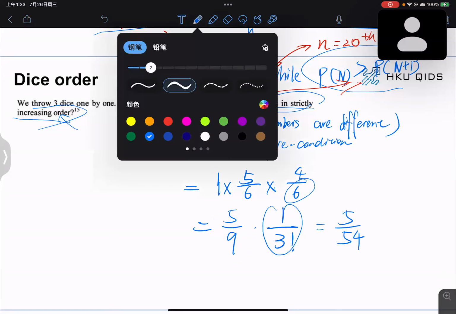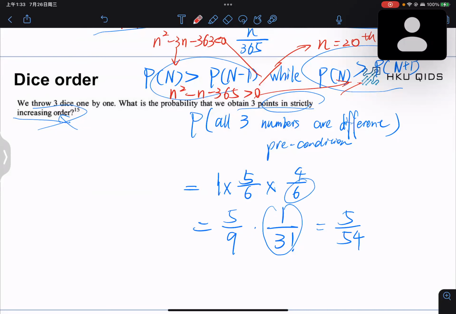Remember, this is 6, not 5, because each time we cannot just cover one face of the dice. Sorry, it's a small problem on my side.